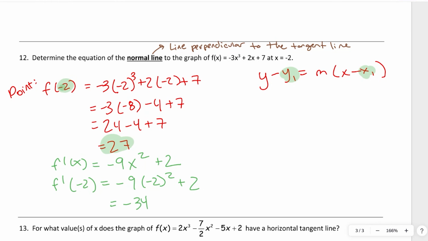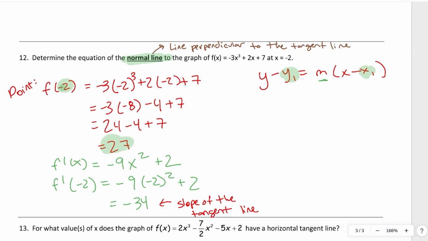Now, that's not going to be the slope we want, though. This is going to be the slope of the tangent line. What we want is the equation of the normal line. And the normal line is the line that's perpendicular to the tangent line.